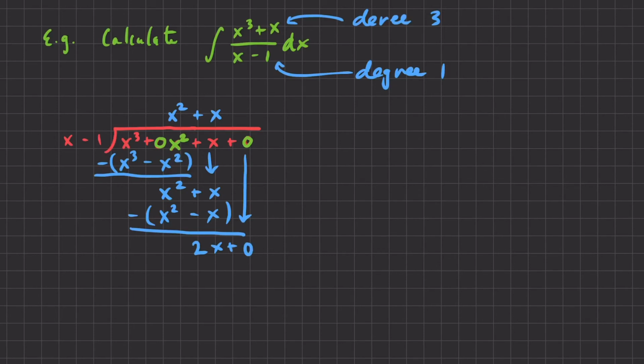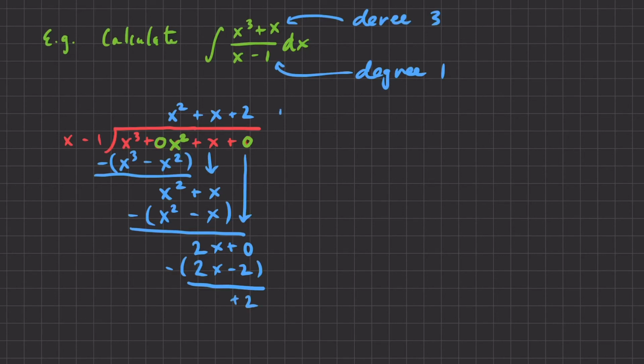And I ask myself one more time, how many times does x go into 2x? Well, it goes in exactly twice, but let's see what the remainder is. So I know that x times 2 is 2x, and negative 1 times 2 is negative 2, and I'll do the subtraction. 2x minus 2x is nothing. 0 minus negative 2 is positive 2.